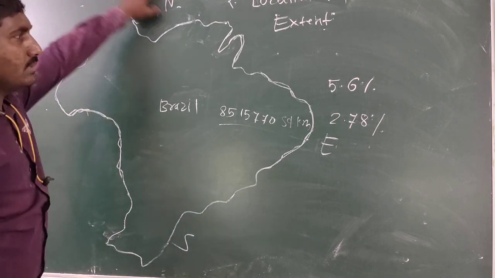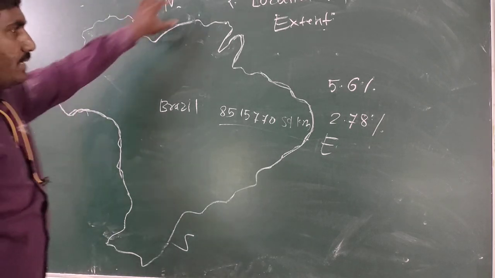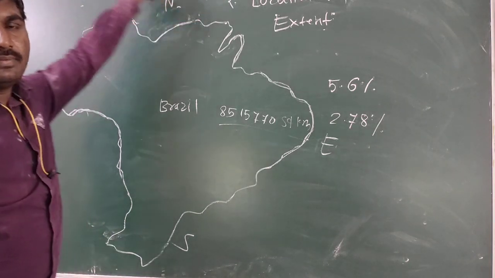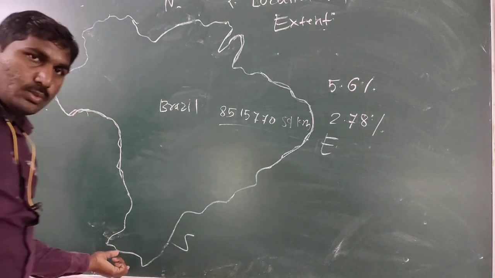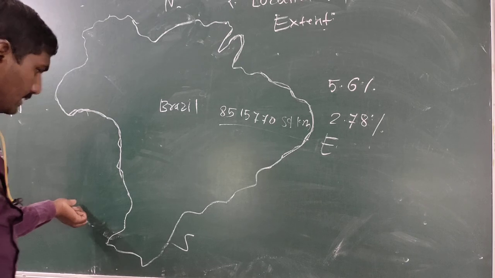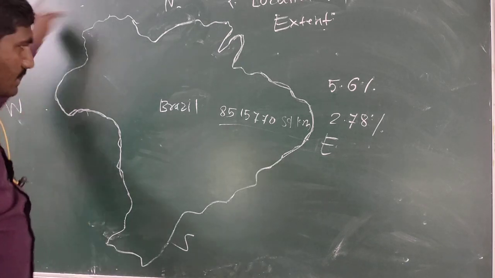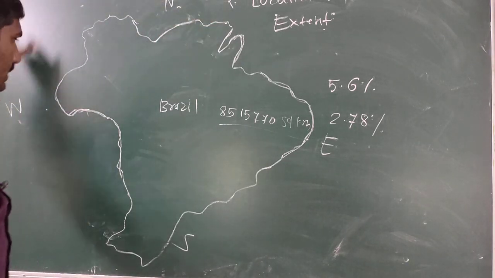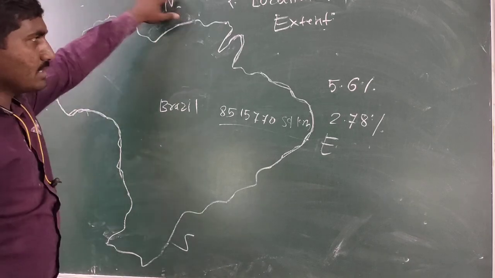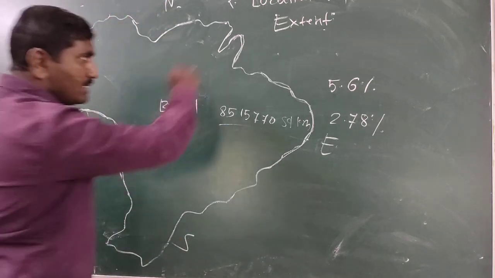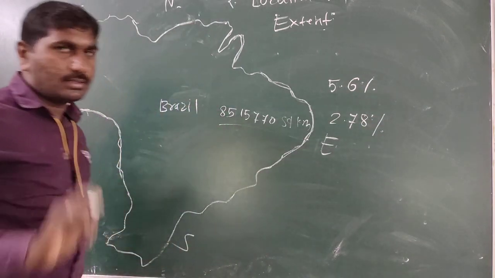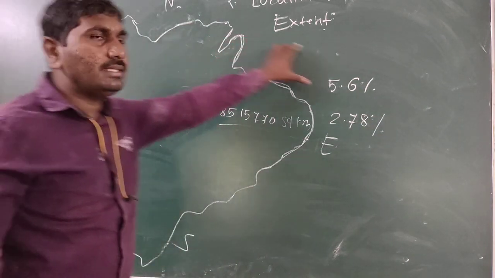Here we can see some neighboring nations like French Guiana, Venezuela, Bolivia. Here we can see Uruguay, then here Argentina. So these are some neighboring nations on the side of Brazil. On the western side some neighboring nations are there, but on the eastern side we haven't any neighbor.